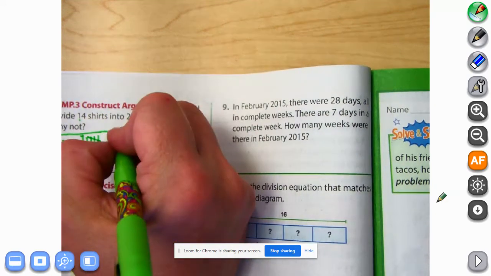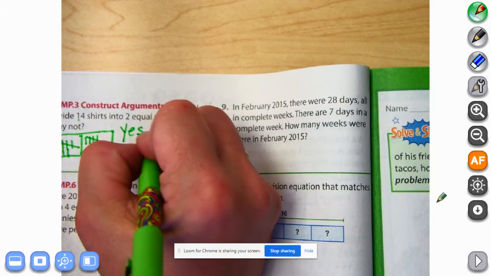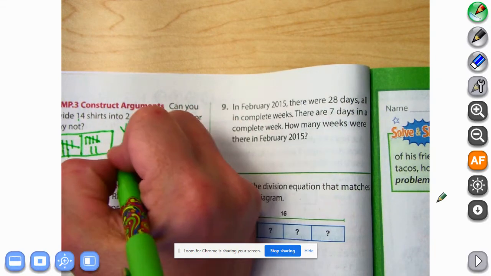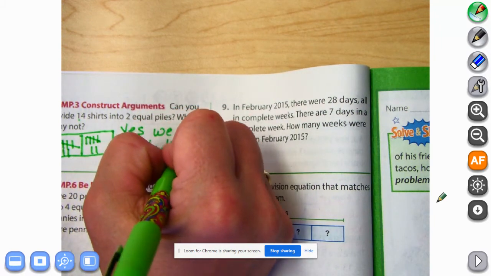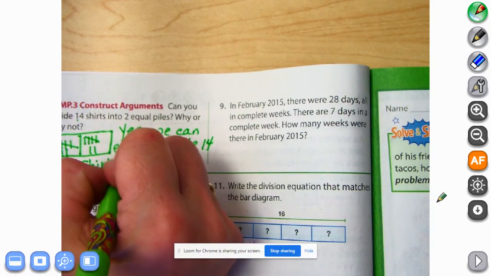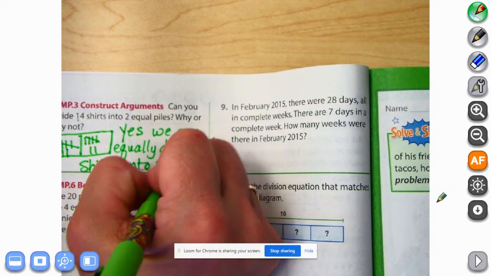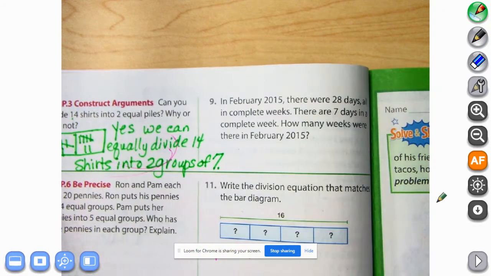Looks like we can do 2 groups of 7. So yes, we can equally divide 14 shirts into 2 groups of 7. Okay.